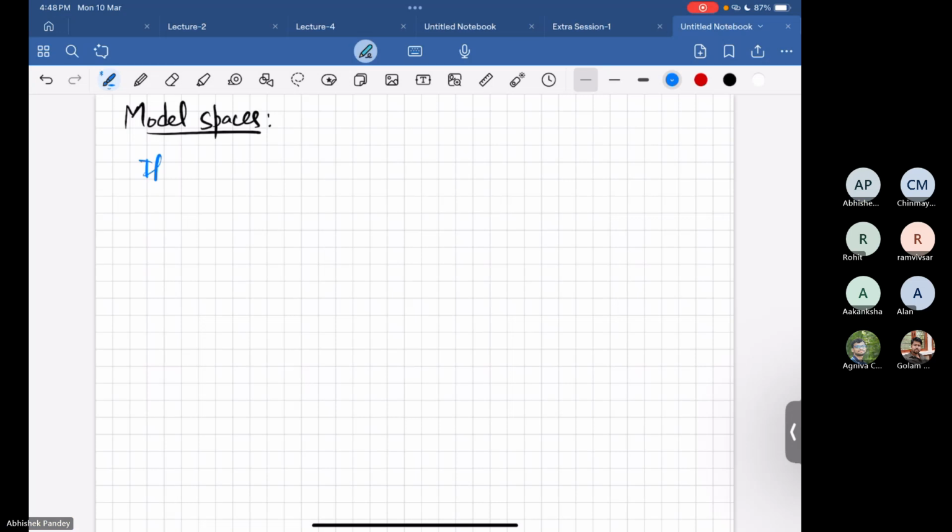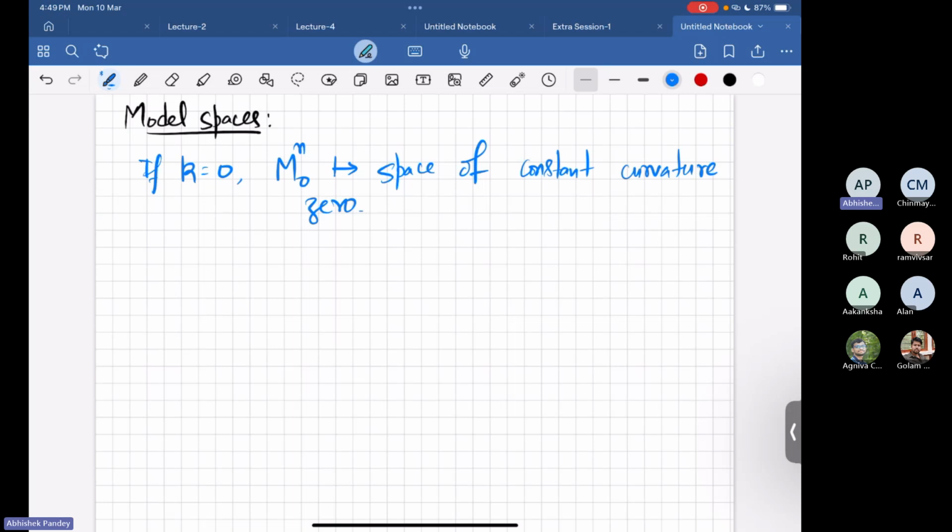If k is equal to 0, we define it as M_0^n, the space of constant curvature 0, which is nothing but Euclidean space R^n with the Euclidean metric and the Euclidean norm.